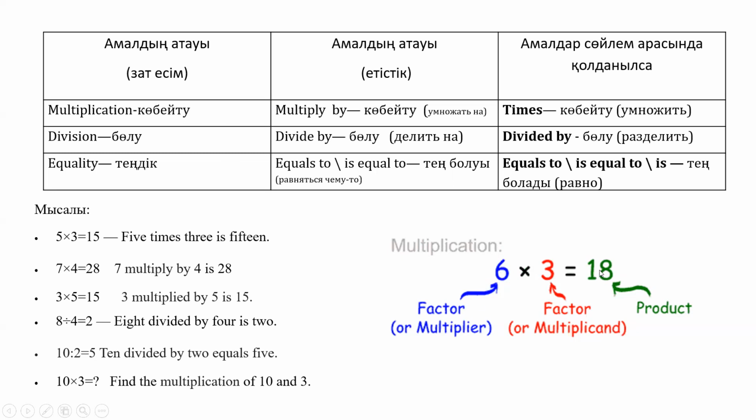So the multiplication consists of 3 members: factor or multiplier, next the second factor, which we call the multiplicand, and the result of the multiplication, which we call the product.